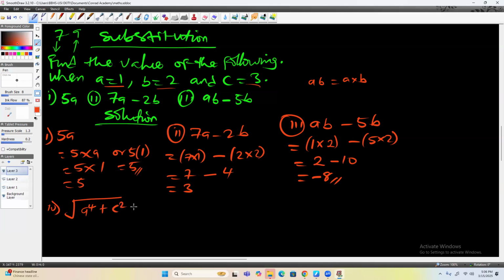Now, this does not matter. It's very simple. Just replace the values. This is 1 raised to the power of 4 plus 3 raised to the power of 2. Now, remember that 1 raised to the power of 4 is 1 times 1 times 1 times 1, which gives you 1.